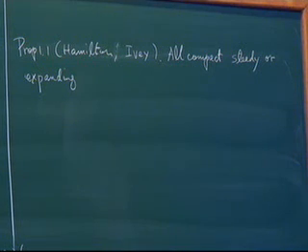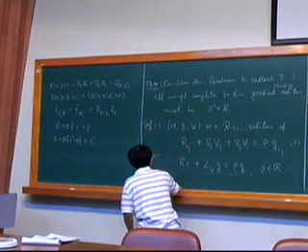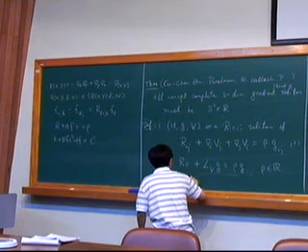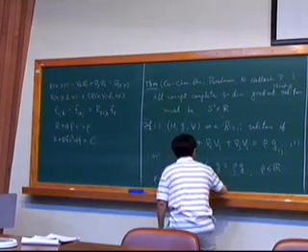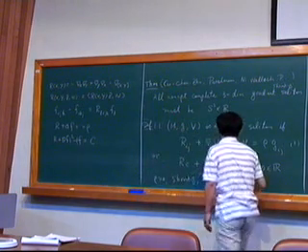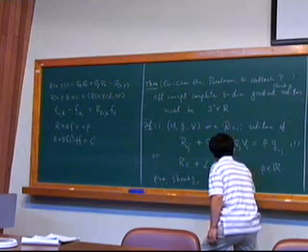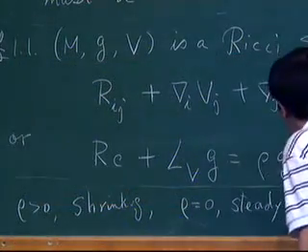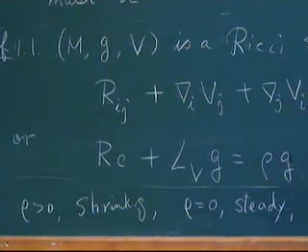So now I will define here: if rho is positive, we call it shrinking, and rho equal to 0, we call it steady, and rho negative, we call it expanding.